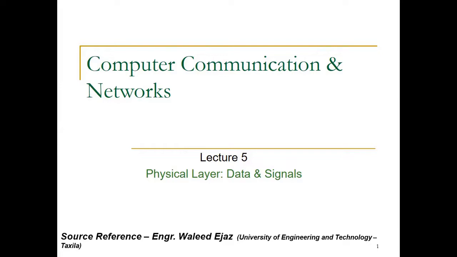We'll look at some calculations. We want to look at how digital signals and analog transmissions are handled. We also want to look at the multiplexing implementations within the physical layer of the OSI model.